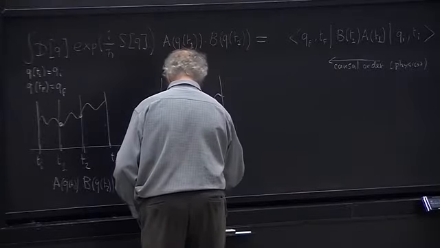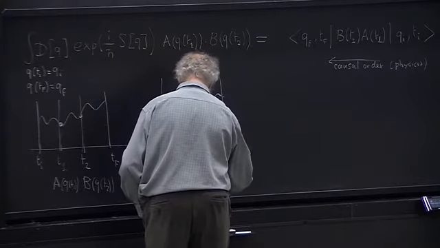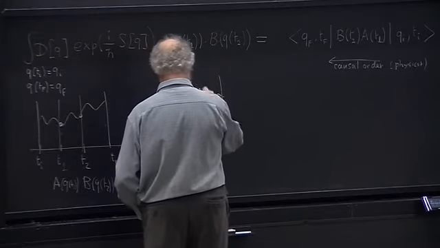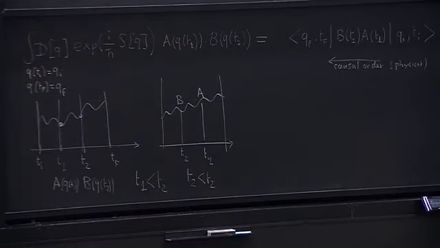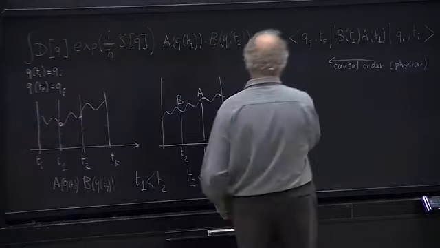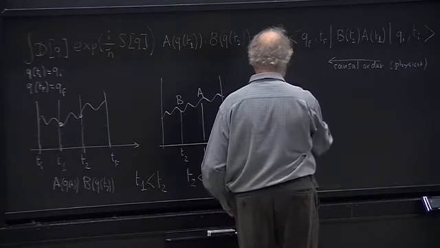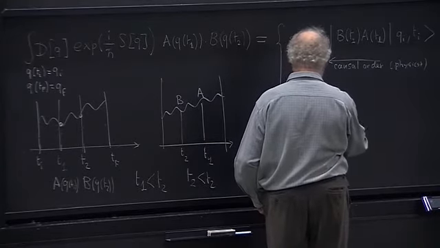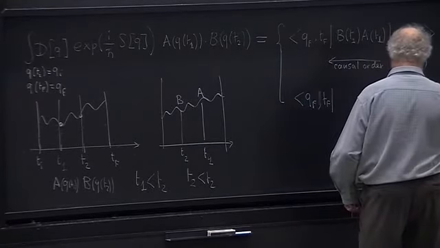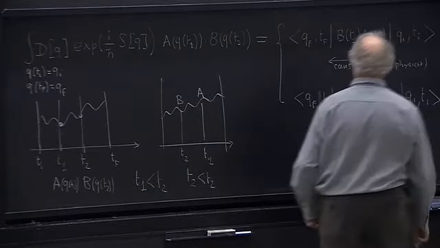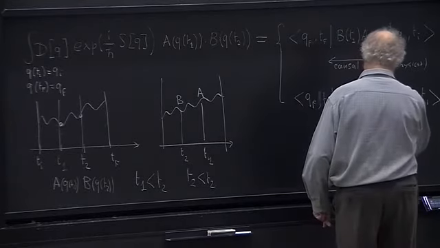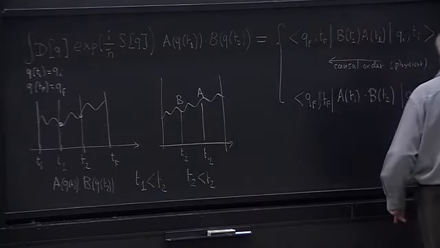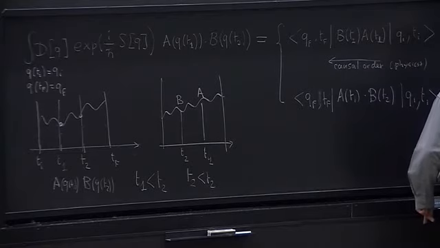But here, if T2 is less than T1, you insert B before A. So it's exactly the same calculation, but what you get is the matrix element between the initial and the final states of B of T2 times A of T1, if T2 is less than T1.